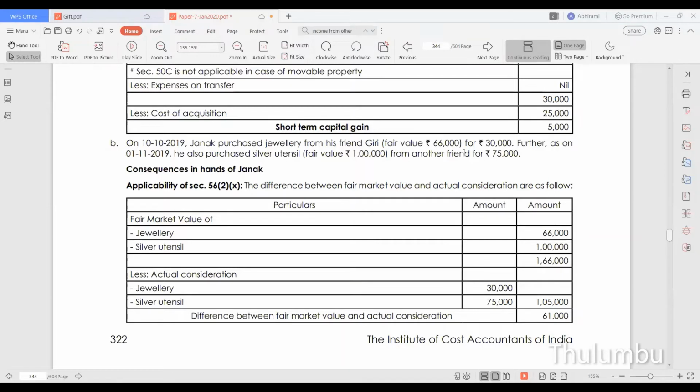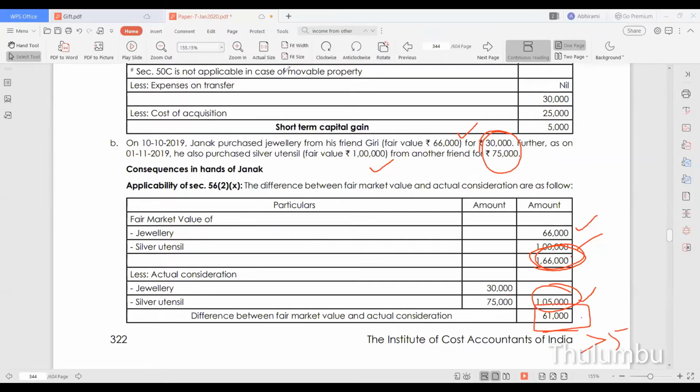So in this case, first consider the fair market value of both: 66,000 plus 1 lakh gives you 1,66,000. Then aggregate the 30,000 and 75,000, which gives 1,05,000. Find out the difference. We get 61,000.